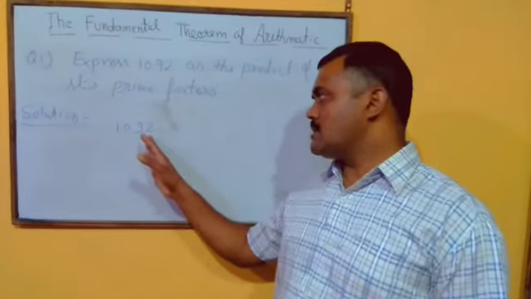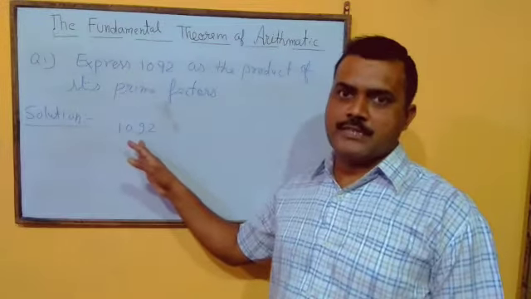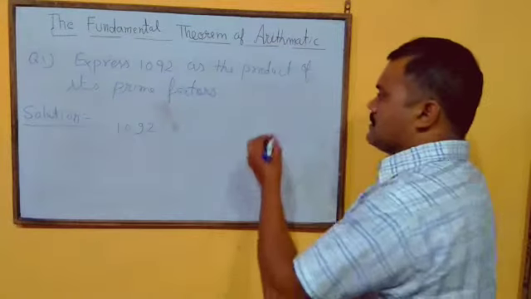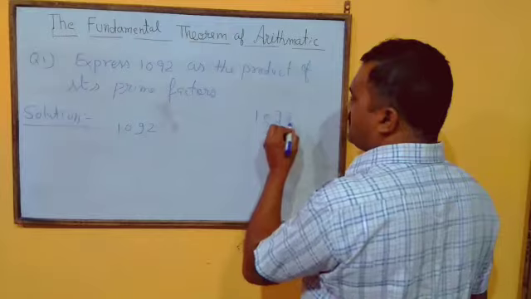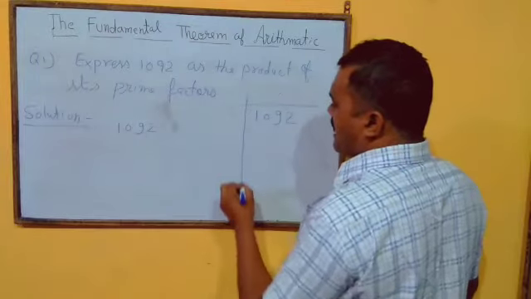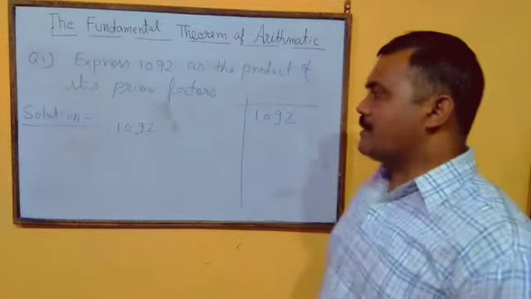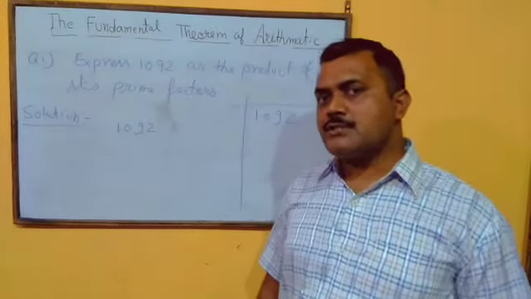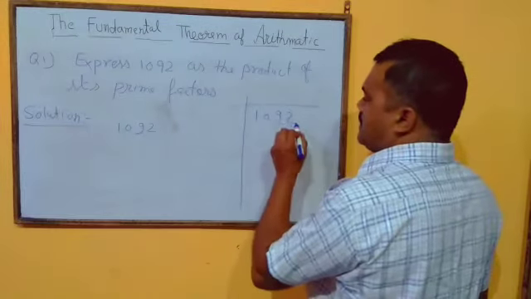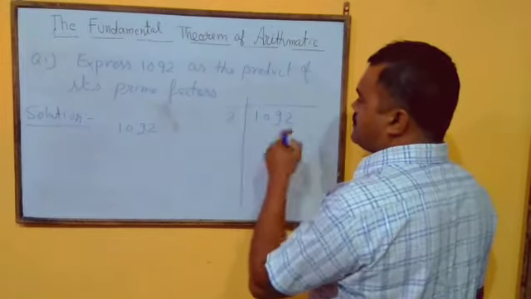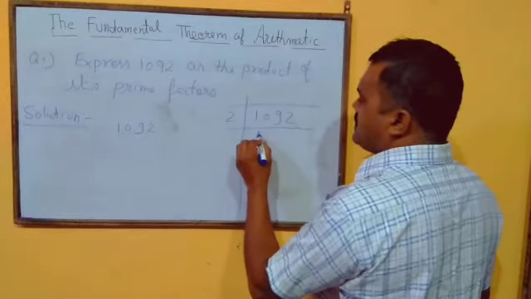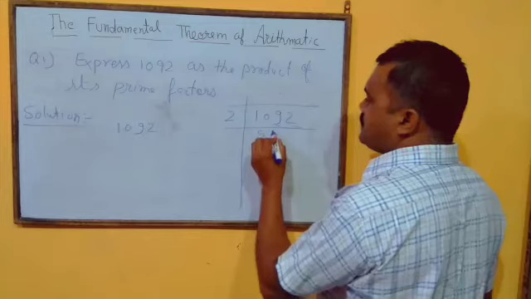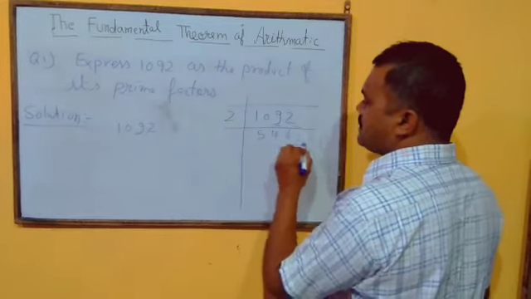What are we going to do? We are going to just find the prime factors of this number. For that, we need to divide this number by prime numbers till we get 1 at the last. There's a 2 in the last digit, so we should divide by 2. 2 5s are 10, then 9, 2 4s are 8, then 2 6s are 12.